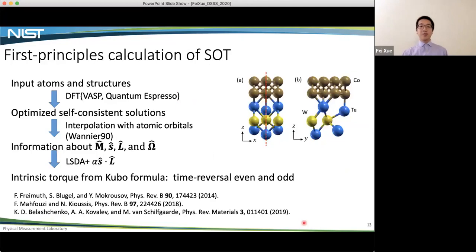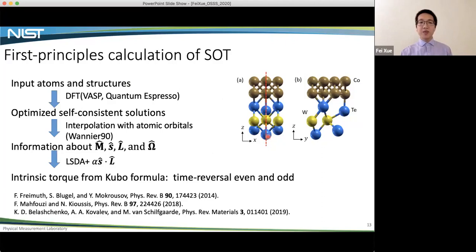So this brings up our numerical calculation of this new system, and also our main motivation to look at these things. We perform first-principles calculations, starting from getting a relaxed heterostructure.